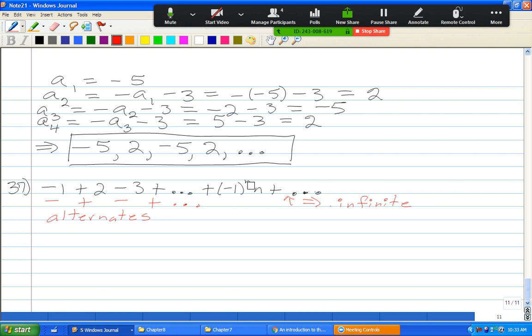So when it is an odd term, it will be negative, because a negative to an odd power is negative, and when it is an even term, then a negative 1 to an even power is positive. And so it alternates between positive and negative. So therefore, this is an alternating infinite series.